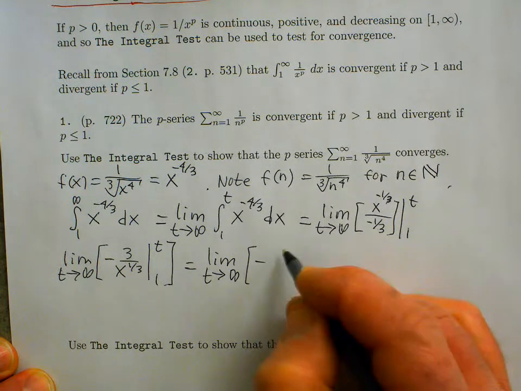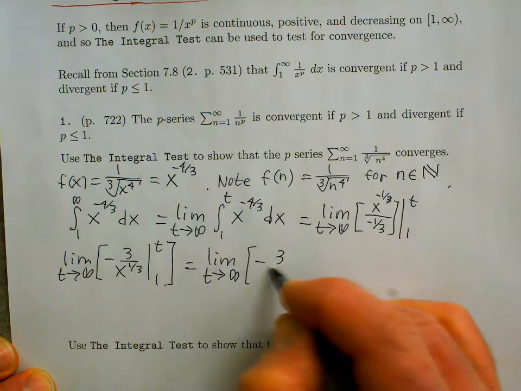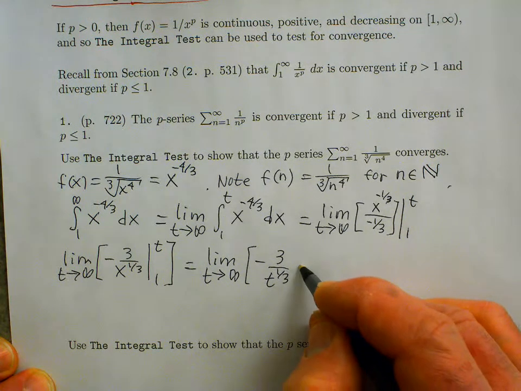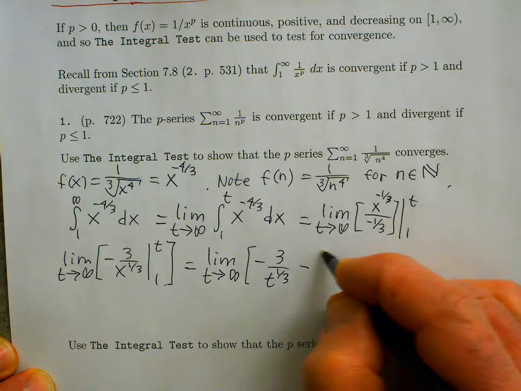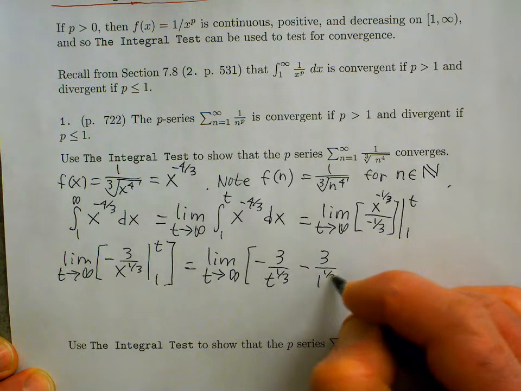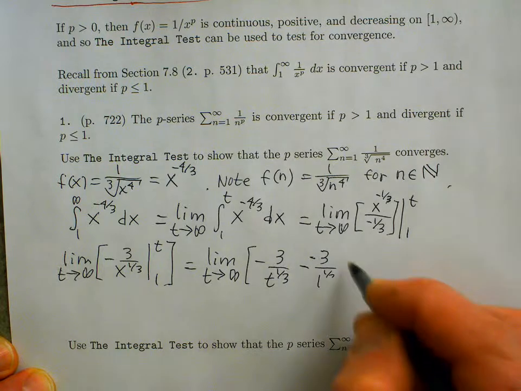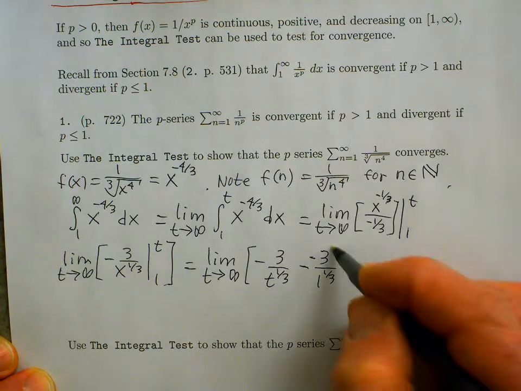And we get negative 3 over t to the 1/3 minus, I should say minus a negative 3 over 1 to the 1/3.